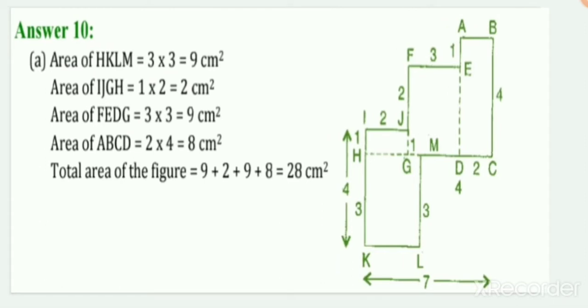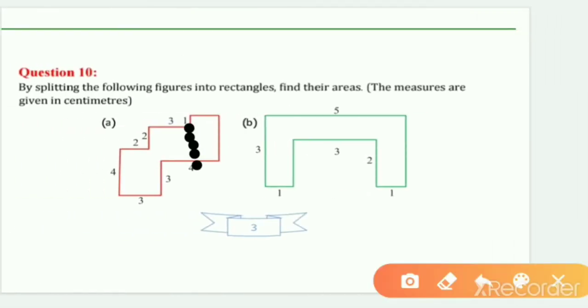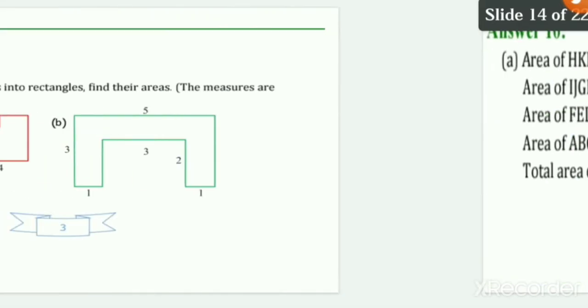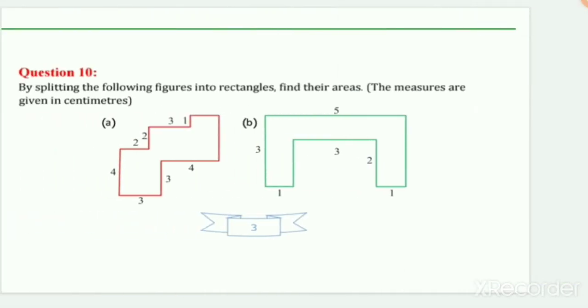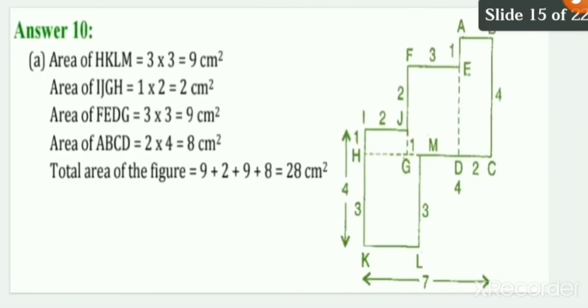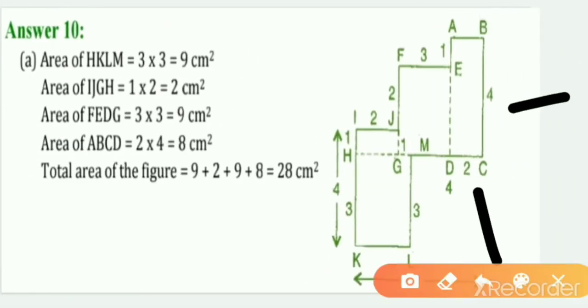You can see here it was 4, right? And here it is 2, because this is the complete 4, and if we make it half, then it will become 2, right? Yes. And here we have length 2 and breadth 4. So it has become 2 into 4, that is 8 centimeter square.